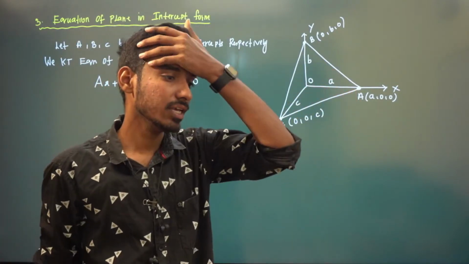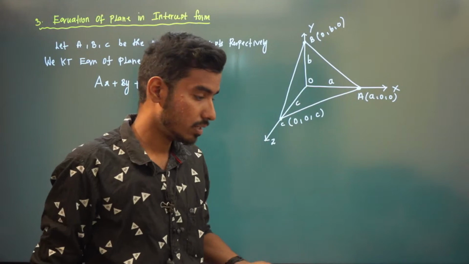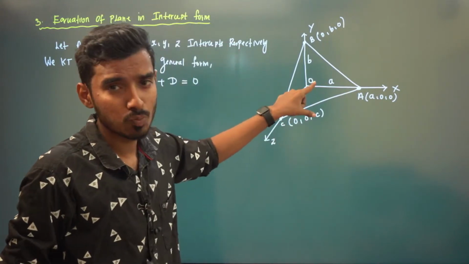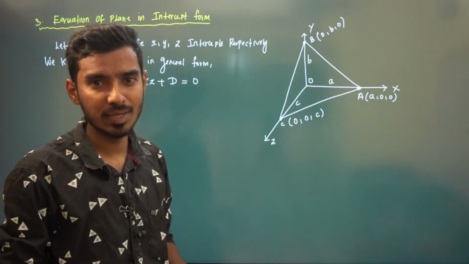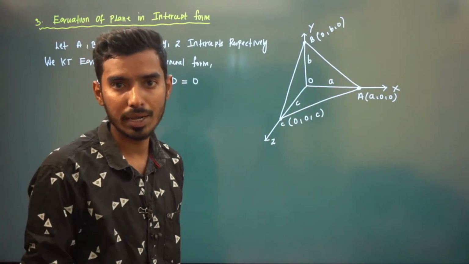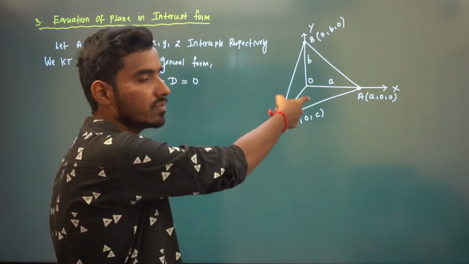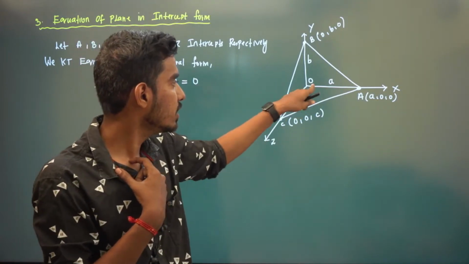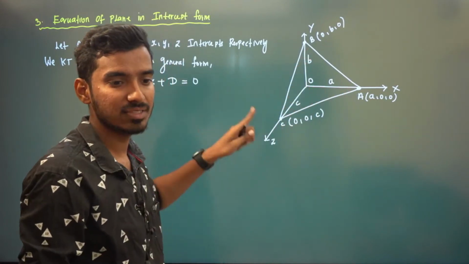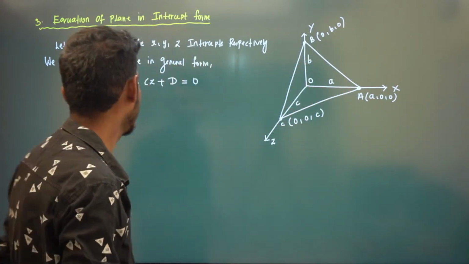Here the small a, b, c is the length. So since I've already used small a, b, c, here I'm using capital A, B, C. Here capital A, B, C is the direction ratio of normal ON. I don't want to confuse this A, B, C with this a, b, c. This a, b, c is the length from O to this, O to this, O to this. Okay.